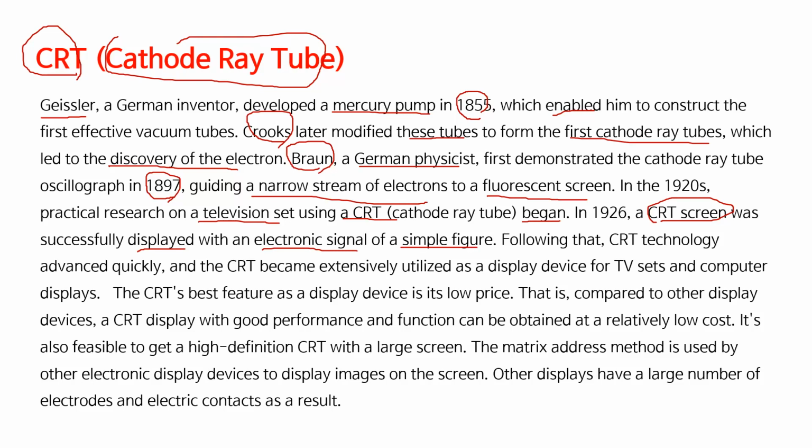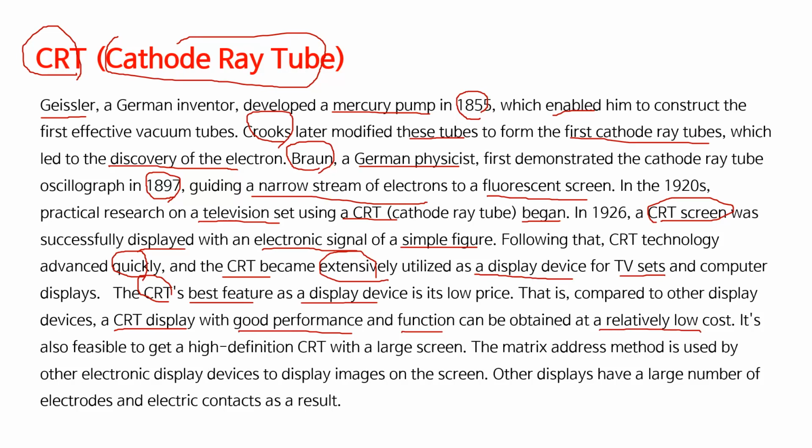Following that, CRT technology advanced quickly, and the CRT became extensively utilized as a display device for TV sets and computer displays. The CRT's best feature as a display device is its low price. That is, compared to other display devices, a CRT display with a good performance and function can be obtained at a relatively low cost.